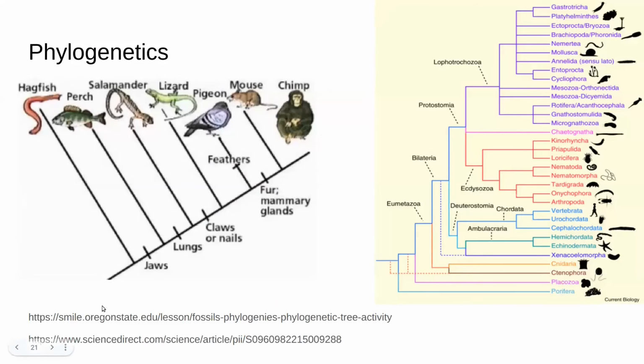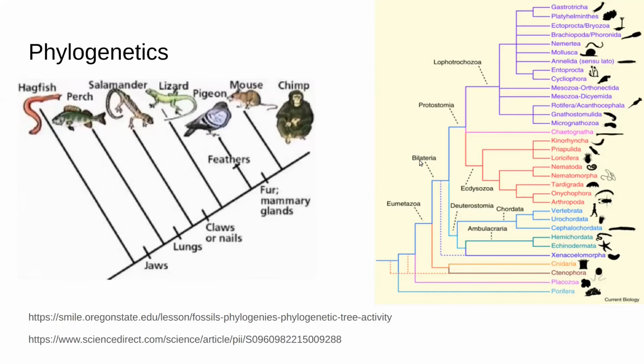And you can see how the ancestral form split off as various things evolved. We evolved jaws, and then lungs, and then fur and mammary glands, and now here we are. Beautiful chimps. And this is one way of looking at a phylogenetic tree that focuses on one species. Usually that species is us, because we're selfish like that.